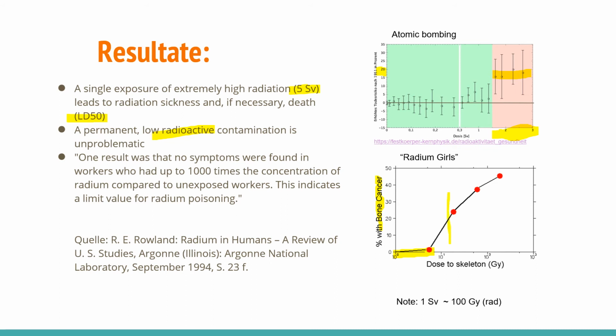But if you reach some level, somewhere in this range, then it gets dangerous. So if you have 1,000 times more than typically unexposed workers, you start poisoning your body and you will have cancer. So you don't have to be scared about very low radioactive situations.